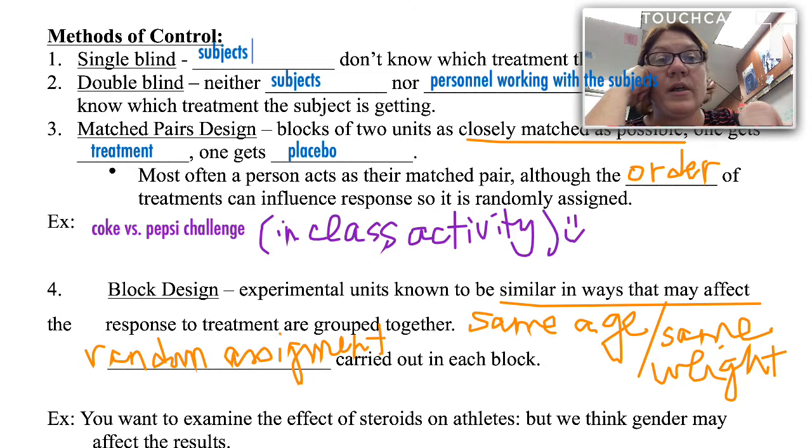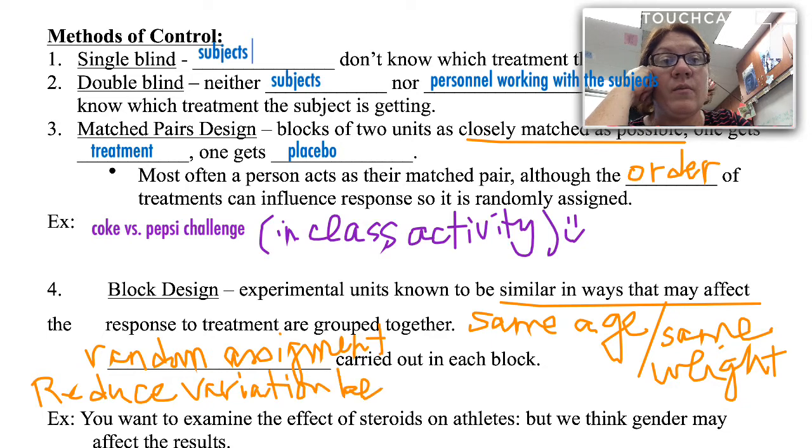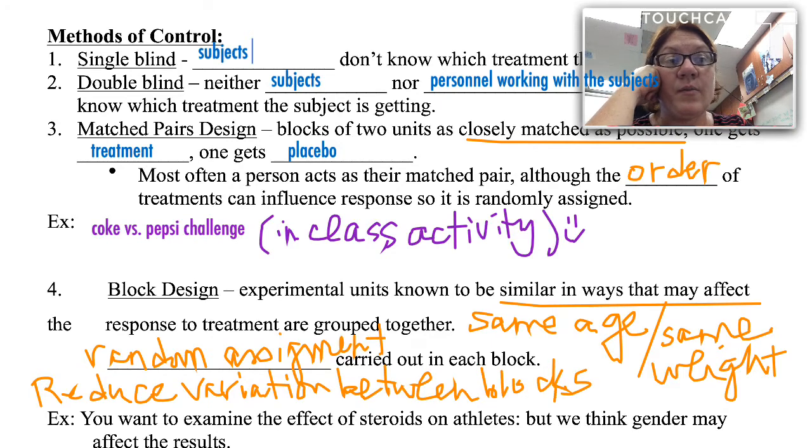And I do this because I want to reduce the variation between the blocks. Very important. And as you can imagine, if I have several hefty people and then some medium-sized people and then some skinny people, I'll reduce the variation, actually not between the blocks, but within. Let's change that to within.